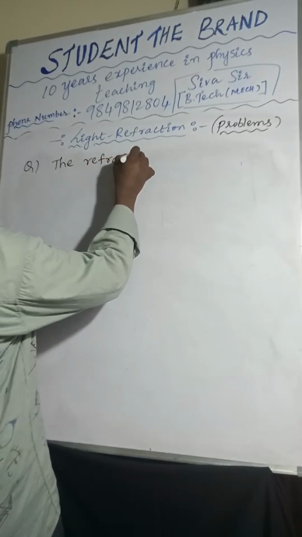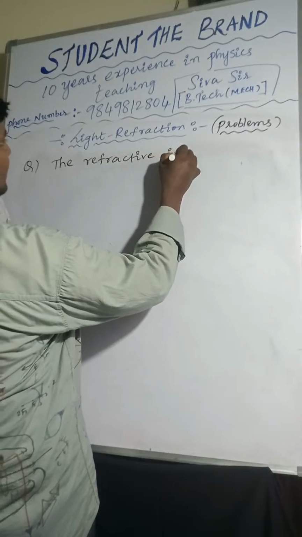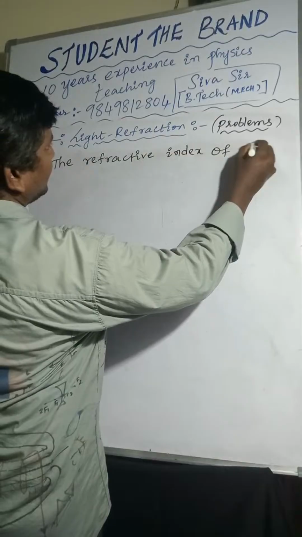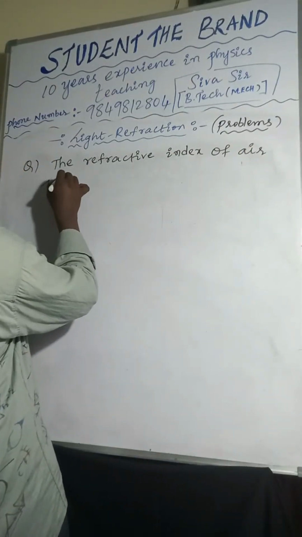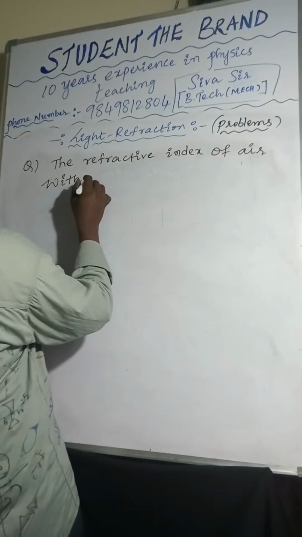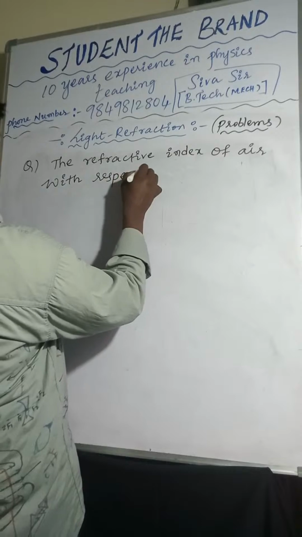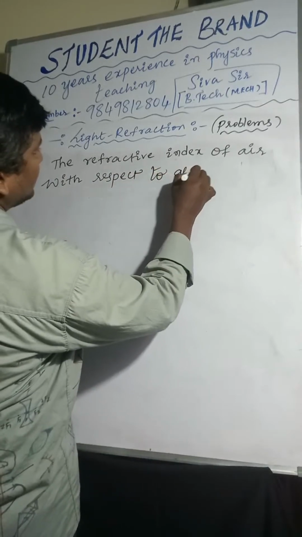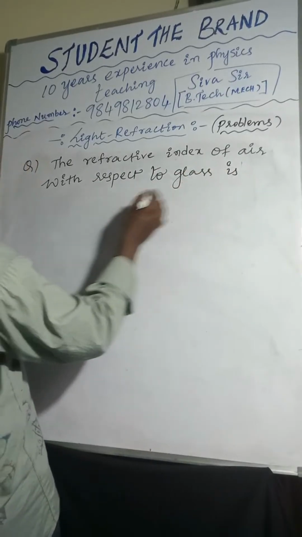The refractive index of air with respect to glass is 2/3.